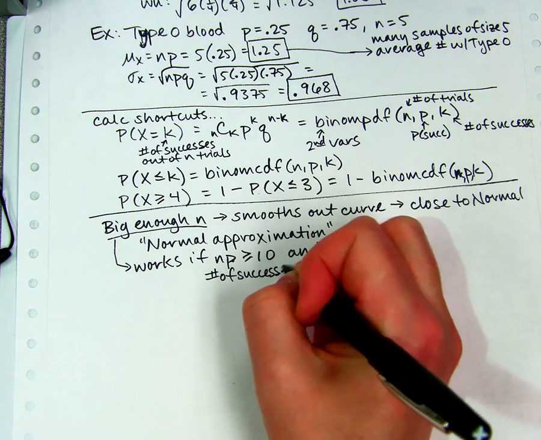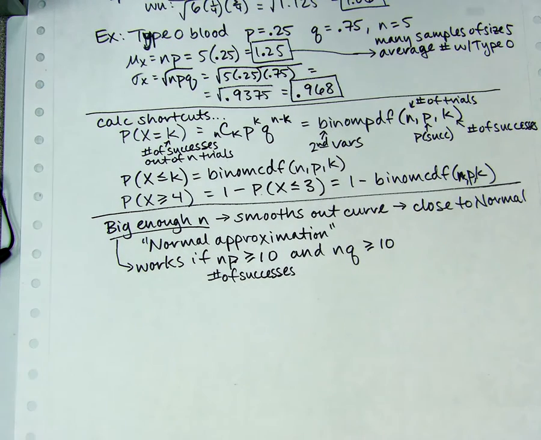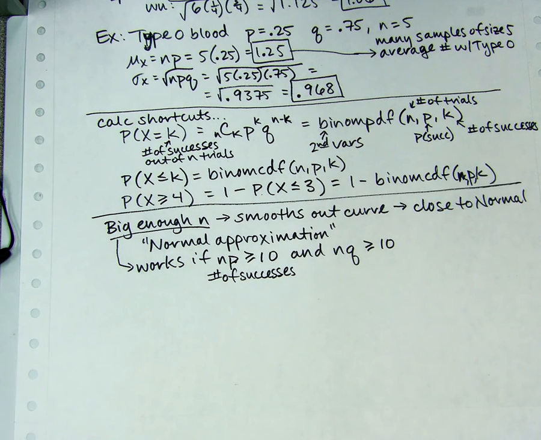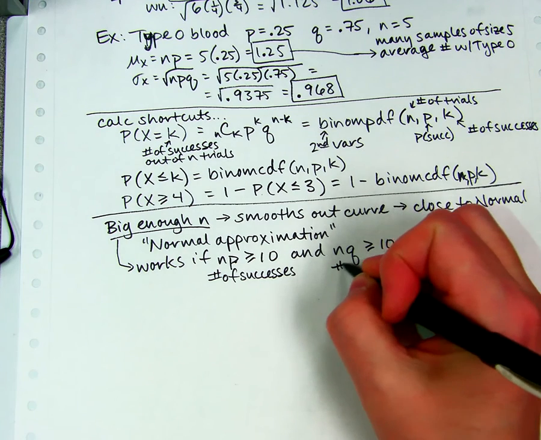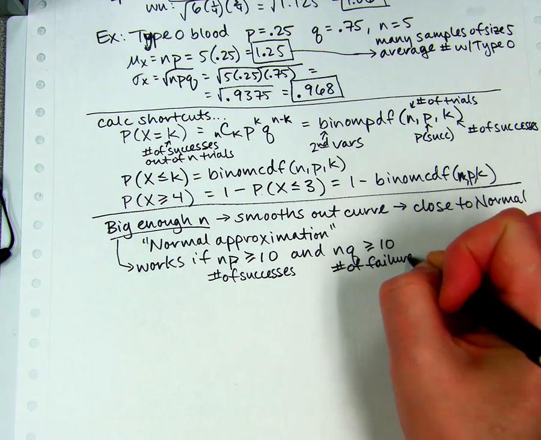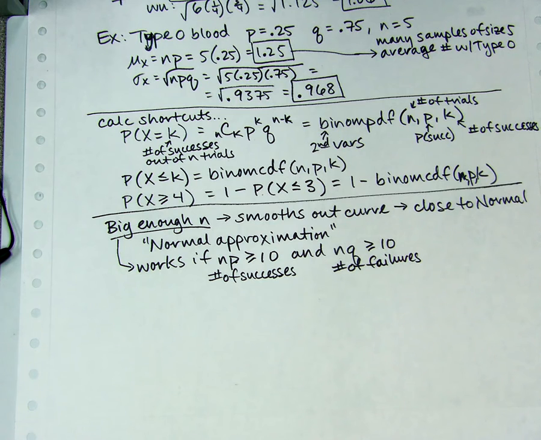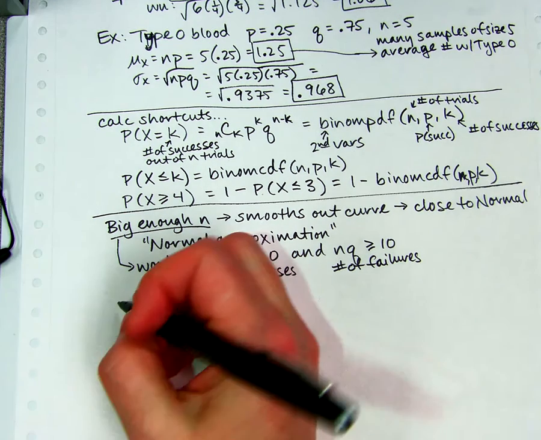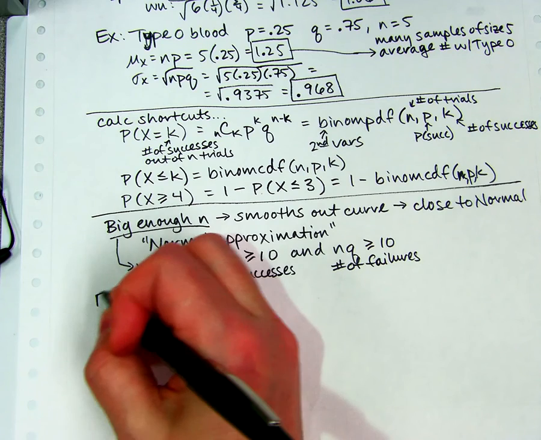If the number of successes in however many trials you have is bigger than 10, and the number of failures is also bigger than 10, then you can use the normal approximation. So let's talk about that. I'm going to do it more than one way, just to show you that it is a reasonably good approximation.